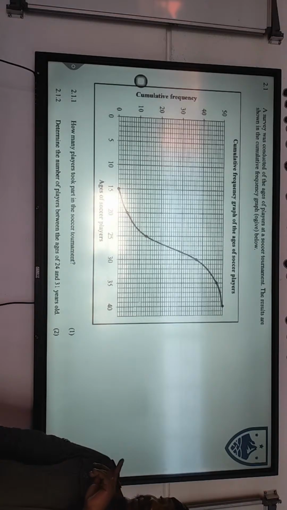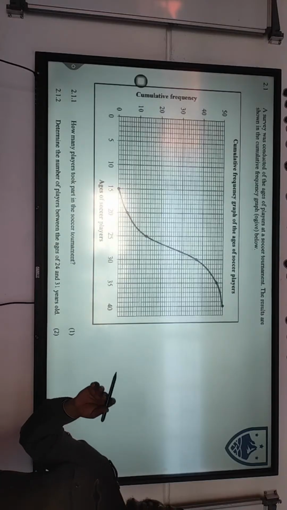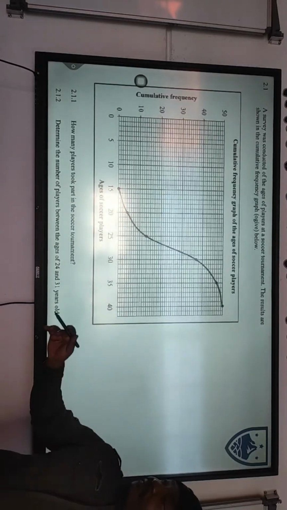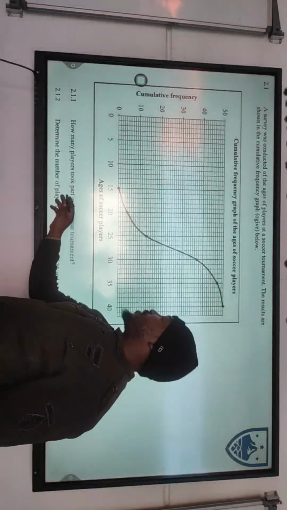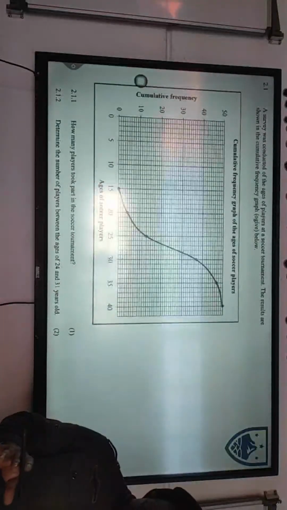How many players took part in the soccer tournament? The total number. We have the cumulative frequency graph that is given to us. How would you see the total number?